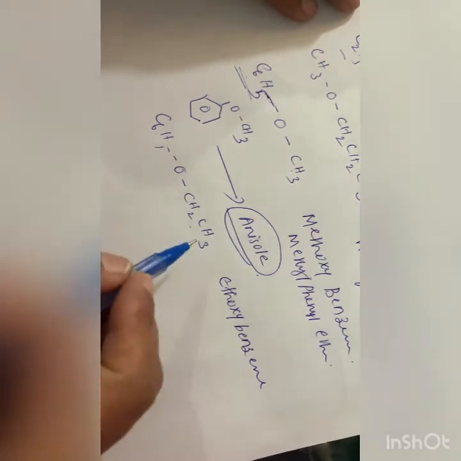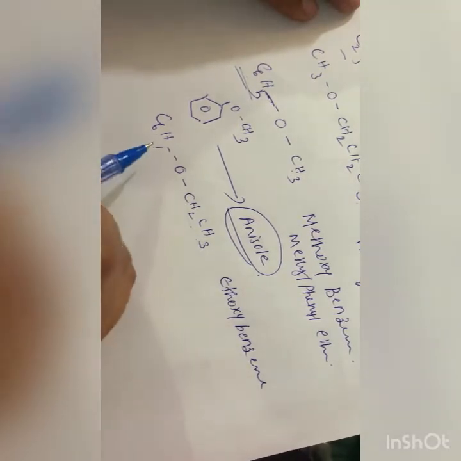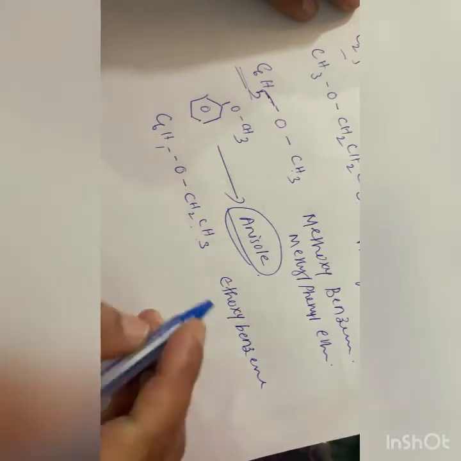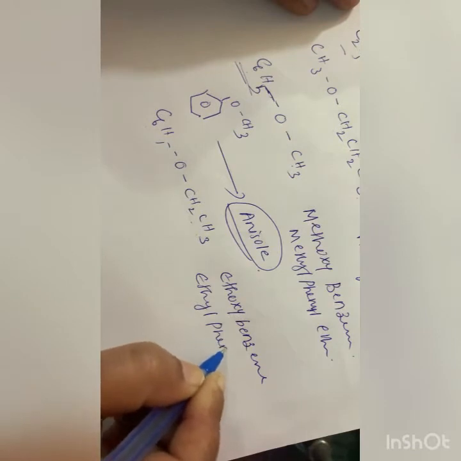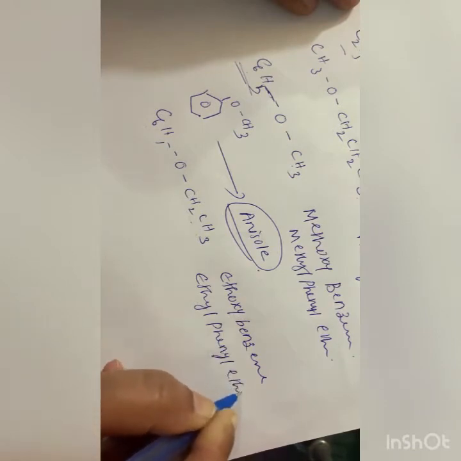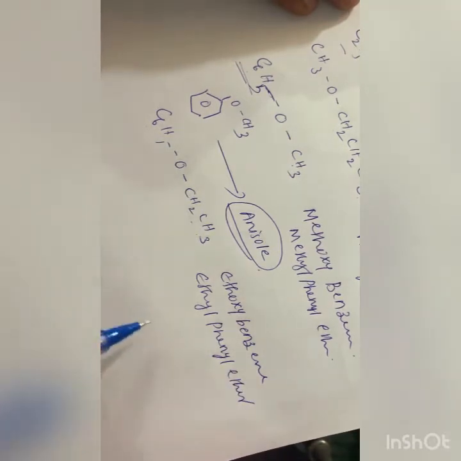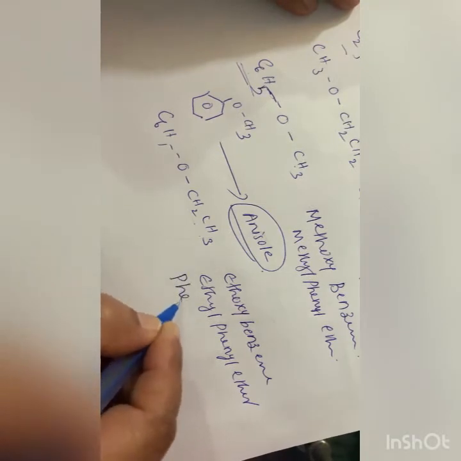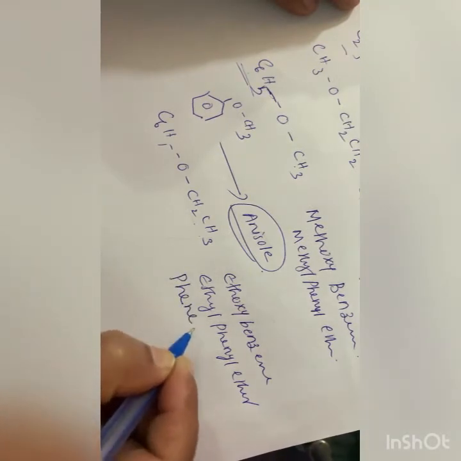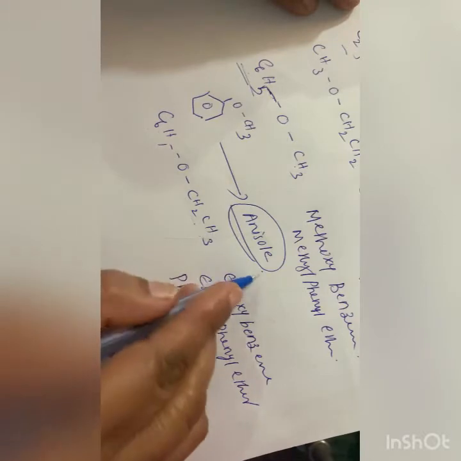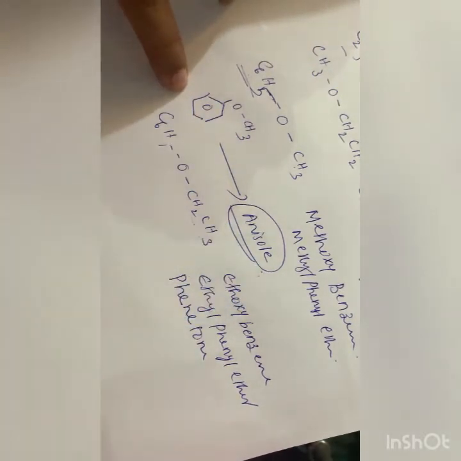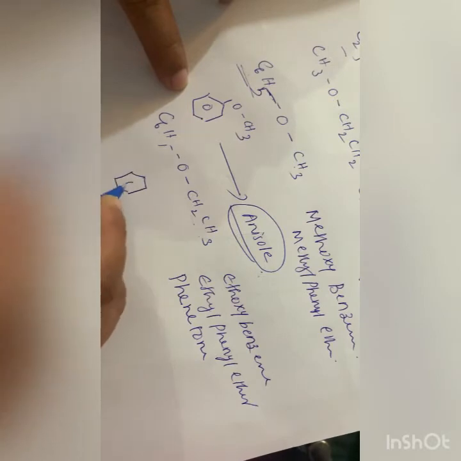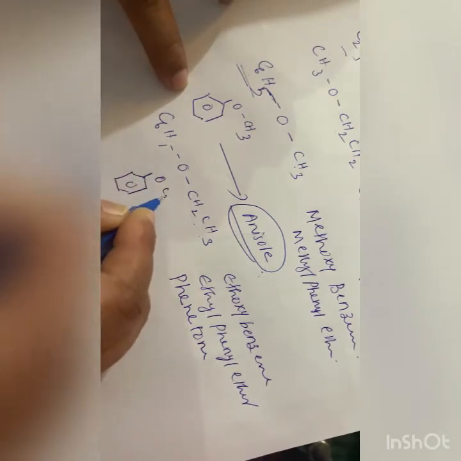The common name is ethyl phenyl ether. And one more common name is there, phenetole. This is known as phenetole. This is anisole, on the benzene ring OCH3. And this is the structure on the benzene ring, OC2H5.